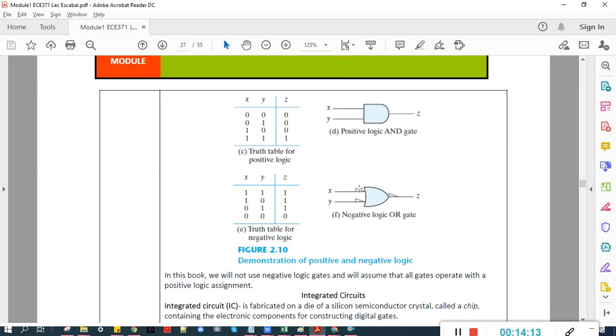What does this triangular symbol mean? Okay, this only signifies that we are using the negative logic instead of the positive logic. And why use the OR symbol?